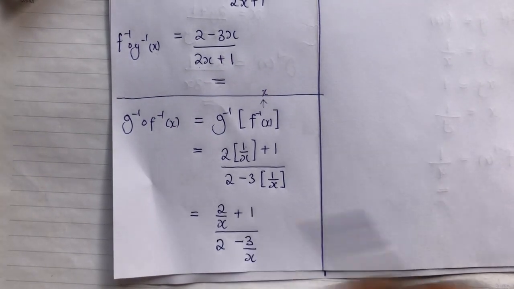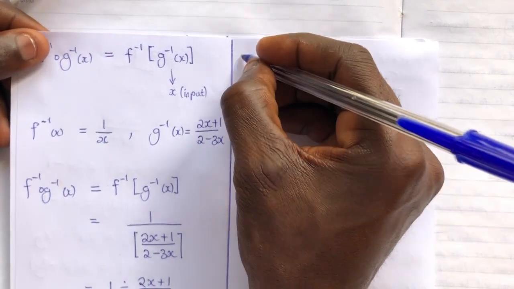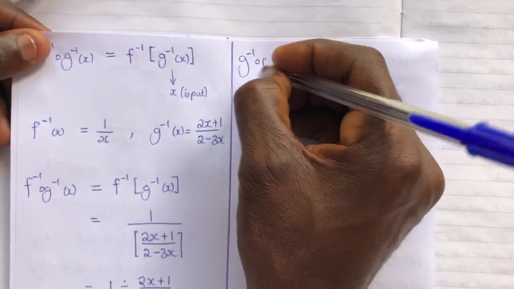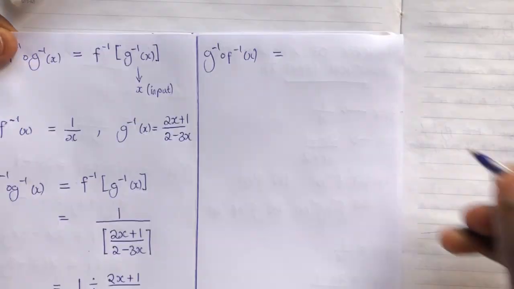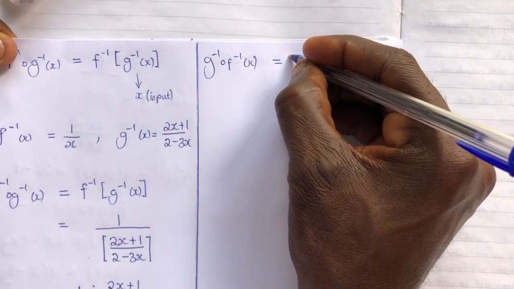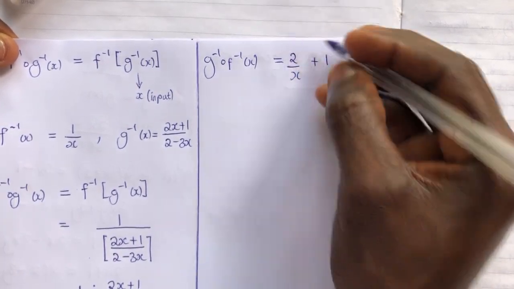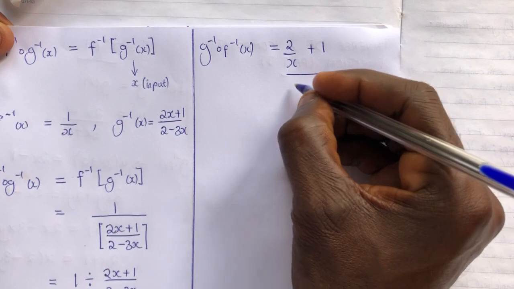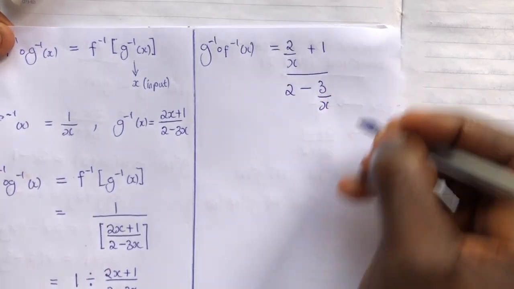Now the rest is simple math. So you can see g inverse of f inverse of x will be equal to 2 over x plus 1, over 2 minus 3 over x.